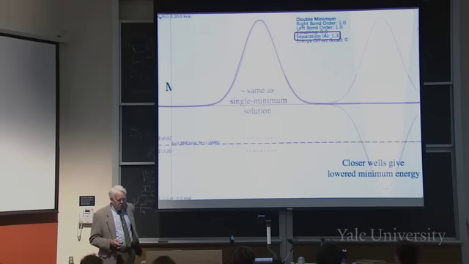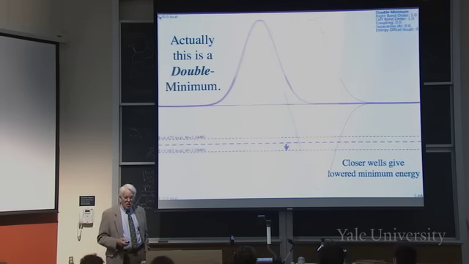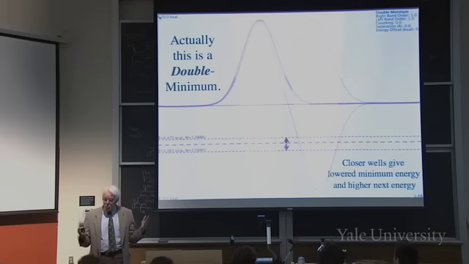Now, if we move the wells closer together, we get a lower minimum energy than for the single well solution. And we get a higher energy for the next higher one. But they both look like the single minimum, and they both started, when the wells were far apart, looking like the single minimum solution, one with no nodes, one with one node.